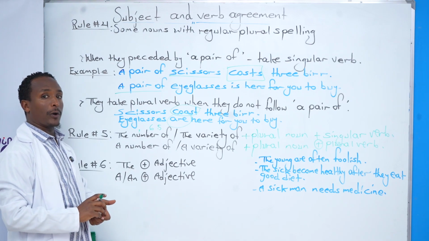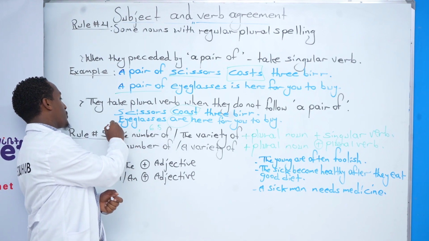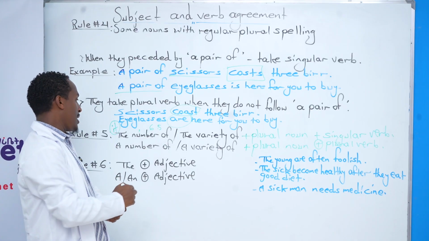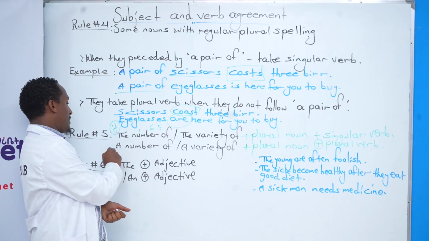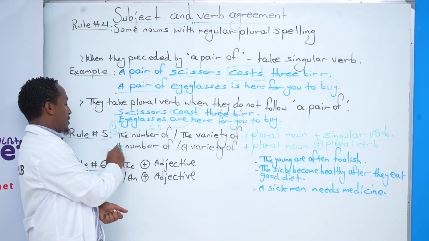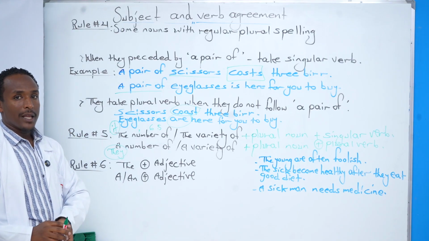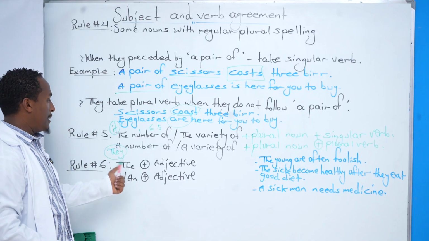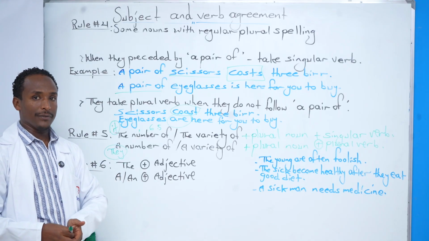When we change them into a pronoun, the number of comes with it, okay, as in it is not enough, okay? What about a number of? They come with they. They are not enough. A number of students are not enough.